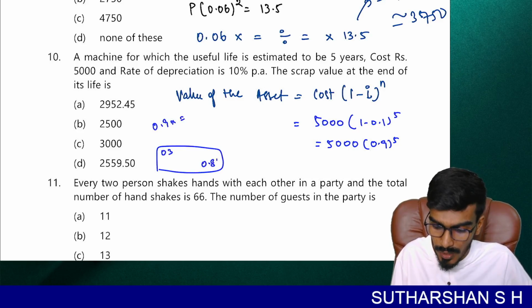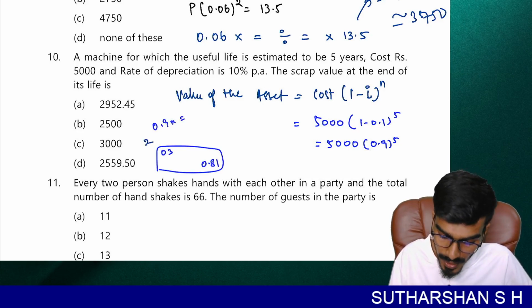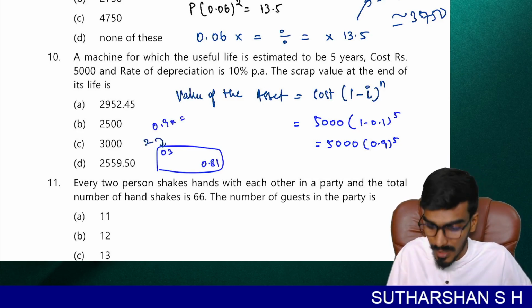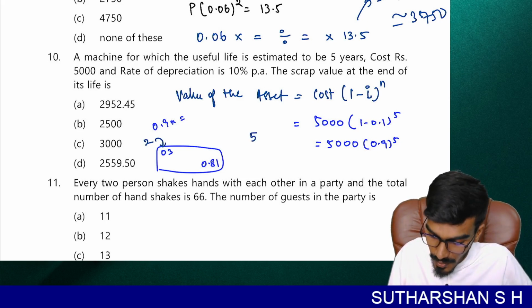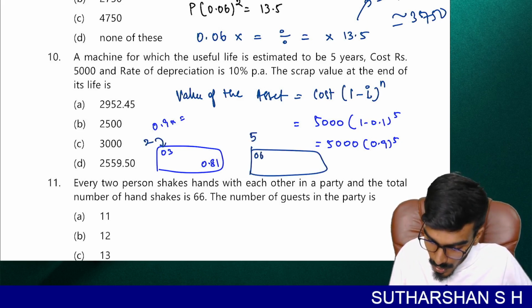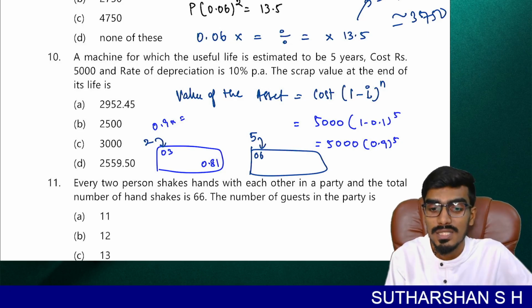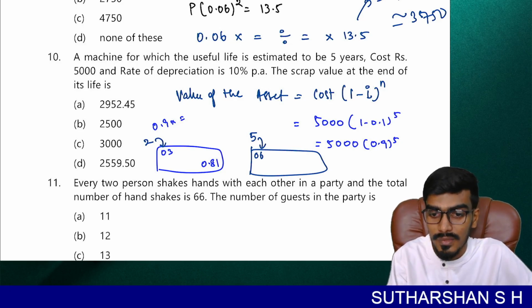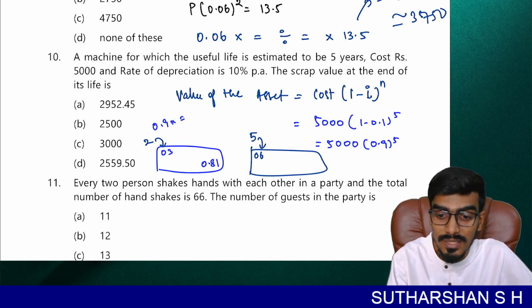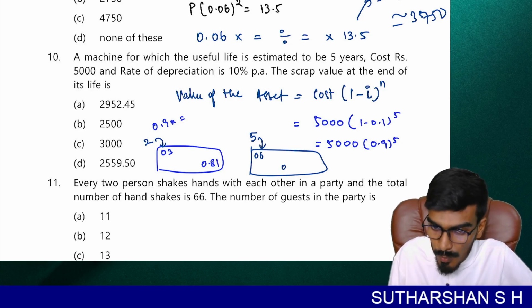Now you are getting 0.81, means for squaring. If you are getting 3 here, we need 5. So in the corner of the calculator, up to 6 I simply press the equal to button. I am getting 0.59049.